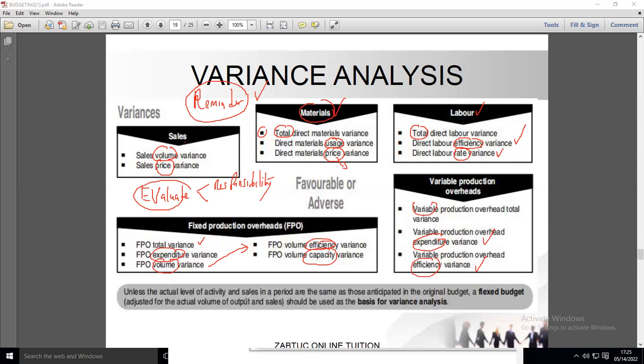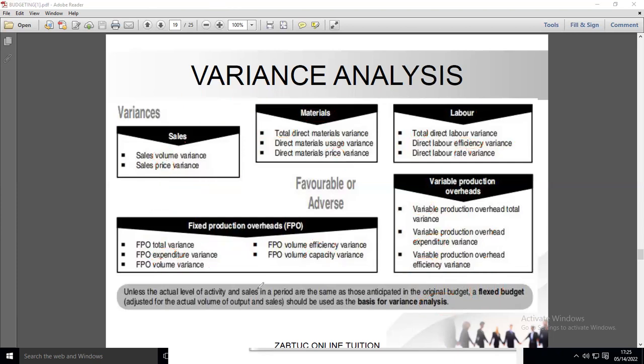Unless the actual level of activity and sales in the period are the same as those anticipated in the original budget, a flexed budget adjusted for the actual volume of output and sales should be used as a basis for variance analysis. That's another item coming out. Flexing of budgets helps to improve on the variances.